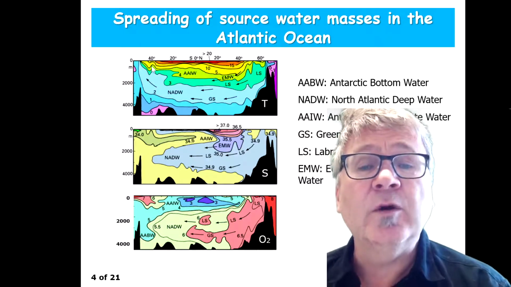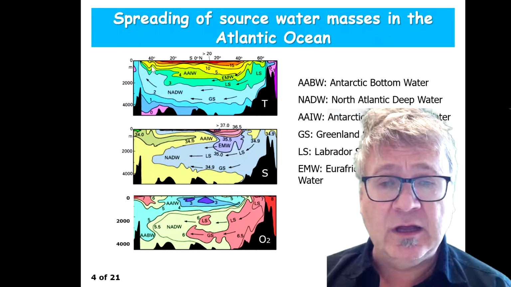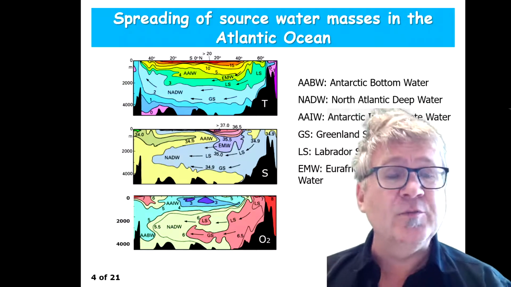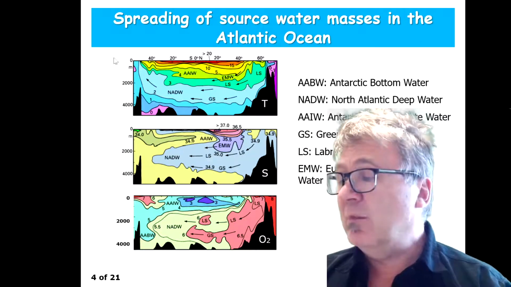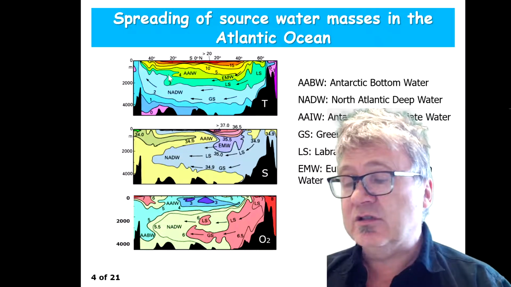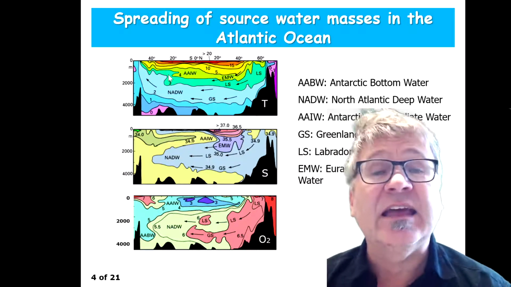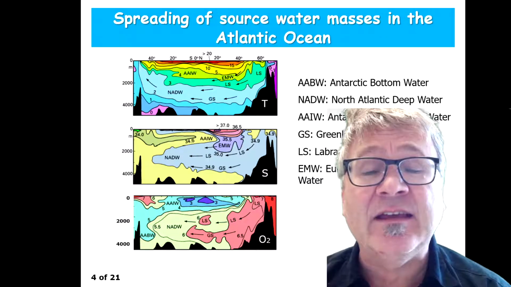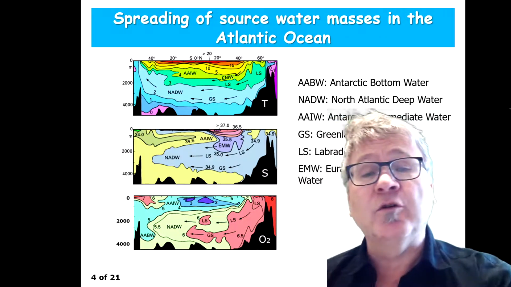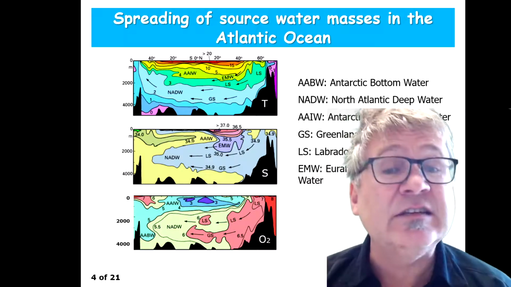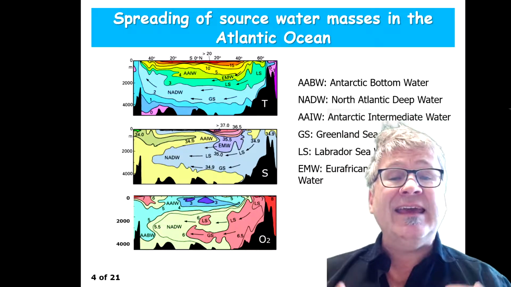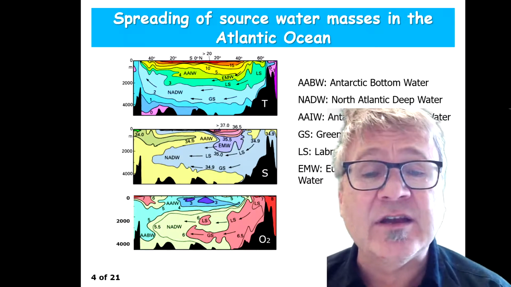And this is what we call the permanent thermocline. It's the transition zone between the surface water and the deeper water. What it actually does is it prevents the exchange between surface waters and deep waters in these areas. It's the density stratification that hinders the direct exchange.